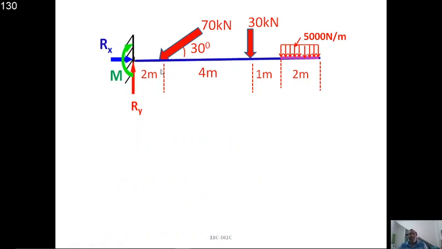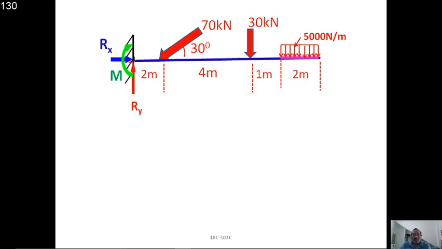For the cantilever beam as shown in this figure, it has only a fixed support at the left hand side and a free end at the right hand side.